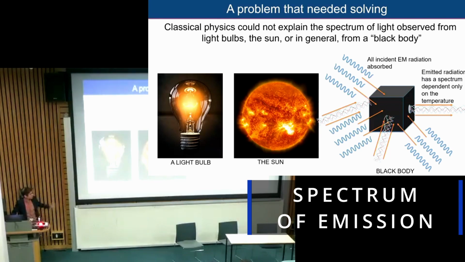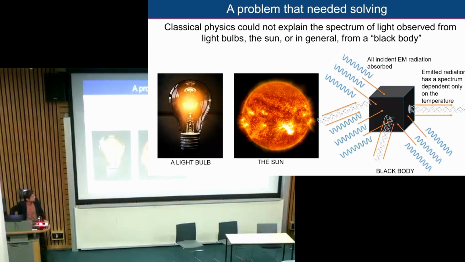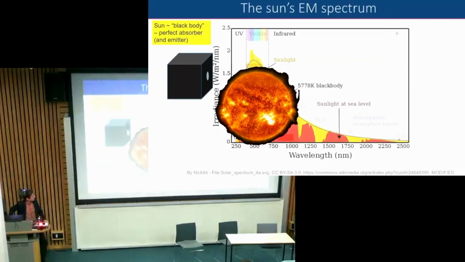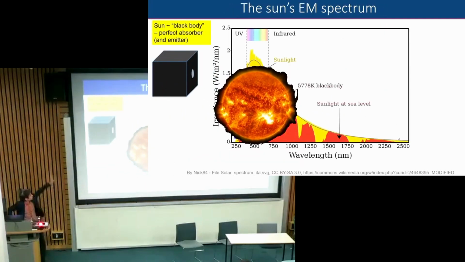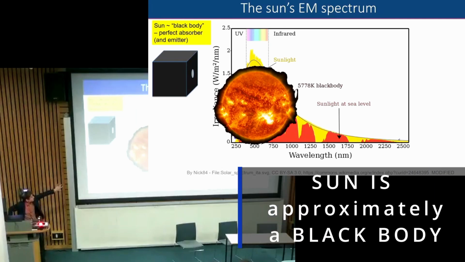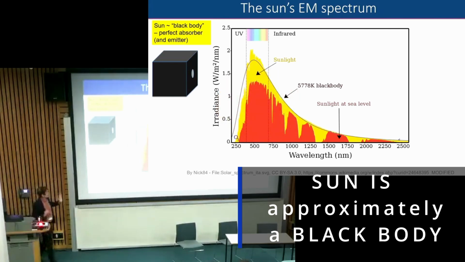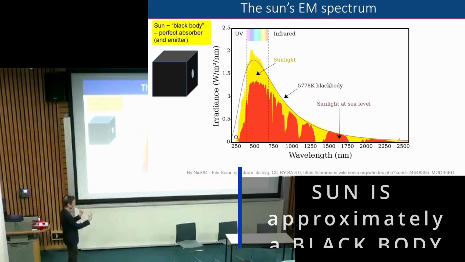Okay, so emitted radiation has a spectrum which depends on the temperature of the object. Again, that's the notion of a black body. Very approximately, despite the fact it's not a perfect black body, the sun does have a spectrum comparable to that idealized black body radiation.